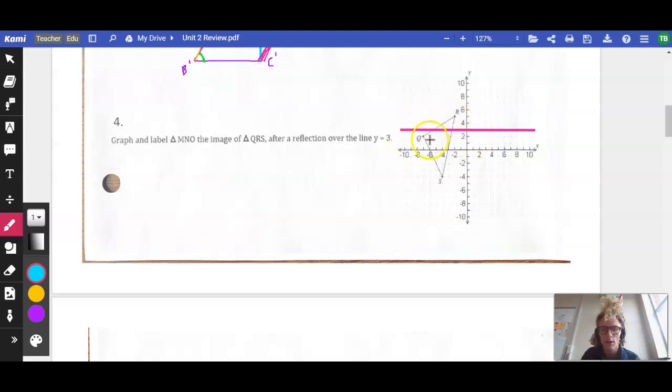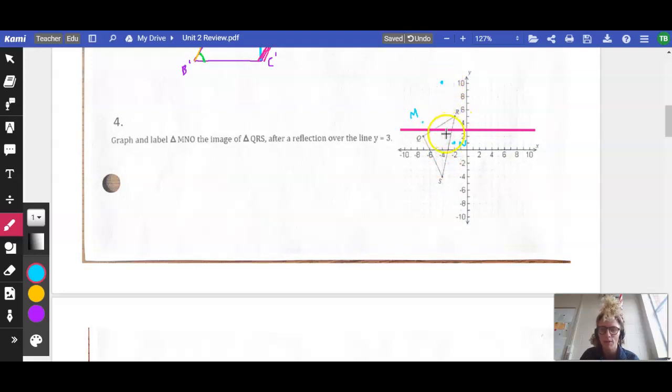So let's start with Q, because Q is the first letter. Q is one below, so we have to go one above. Directly above, not to the side. That becomes point M. R is 2 above, so now we have to go 2 below. That's N. S is 7 below, so we have to go 7 above.